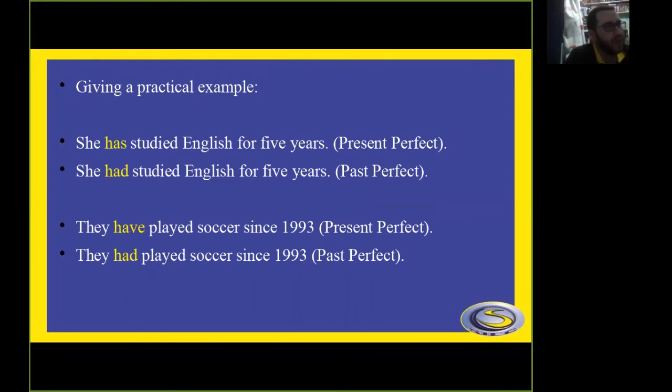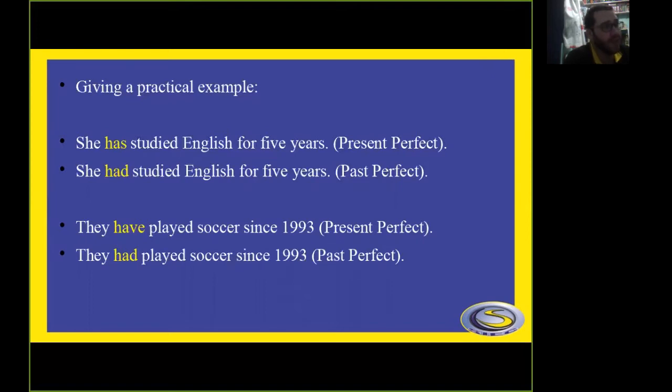You have here, she has studied English for 5 years. Remember the difference between since and for? For is about long periods of time. She has, because the subject is in the third person of singular, so we use has.